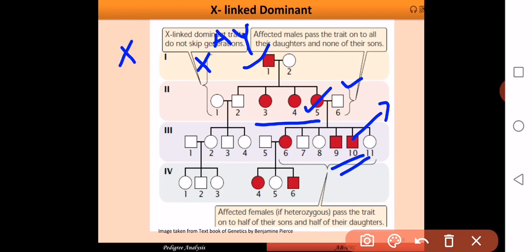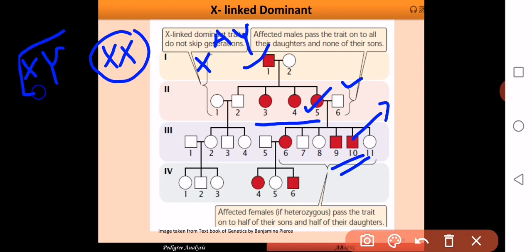Suppose this is the mother, and this is the father, and they have a daughter. How is a daughter being developed?